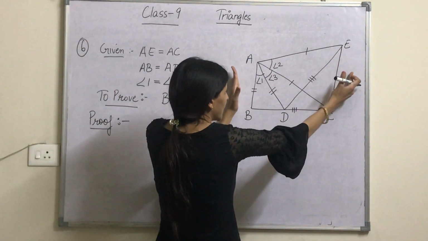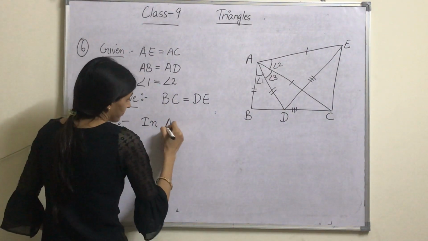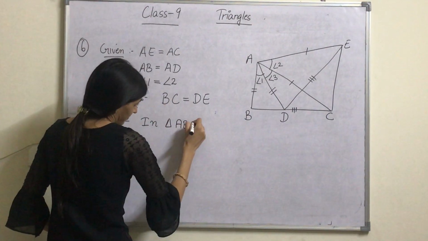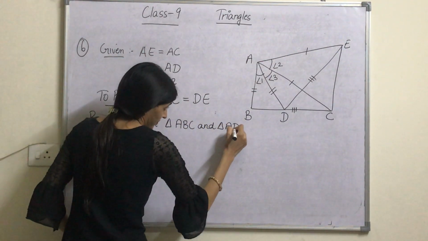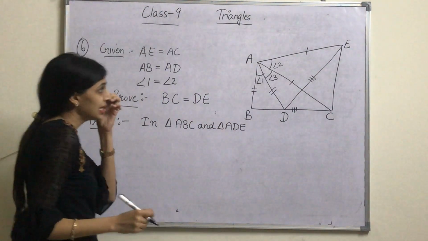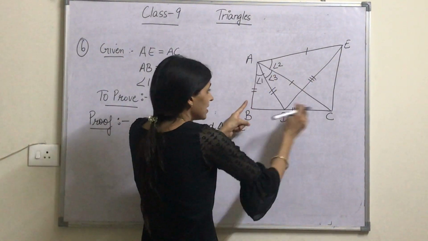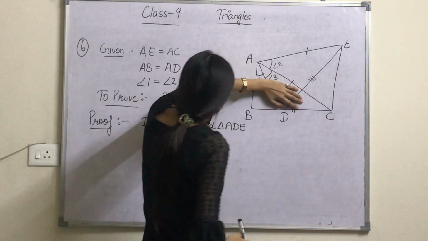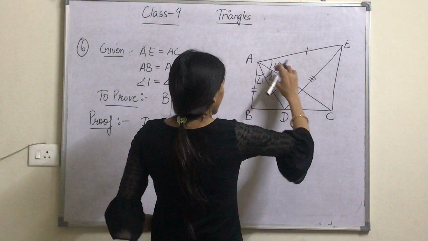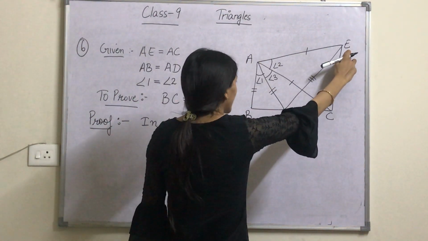We have been given this figure. Let's take two triangles. Triangle ABC, this triangle we are taking, and triangle ADE, this triangle we are taking.